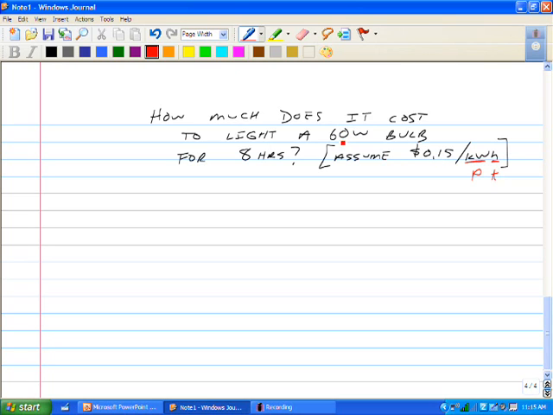So, again, I know that the power is 60 watts. I know that the voltage is 120 volts. And I'm given a time here in hours. So, what do I do first? Excellent, I convert to kilowatts.